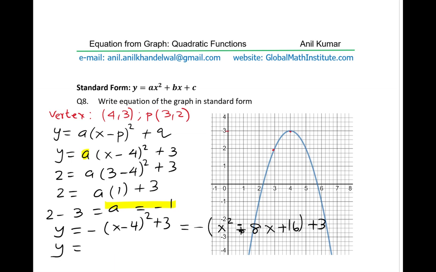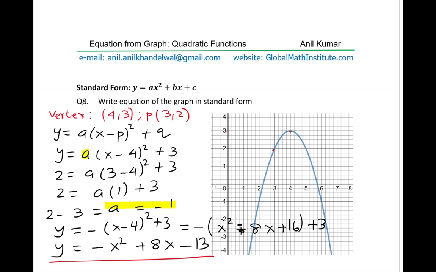Now we get y equals minus x squared, minus and minus makes it plus 8x, and minus 16 plus 3 gives us minus 13 as the combined value of the constant. So the equation is y equals minus x squared plus 8x minus 13.